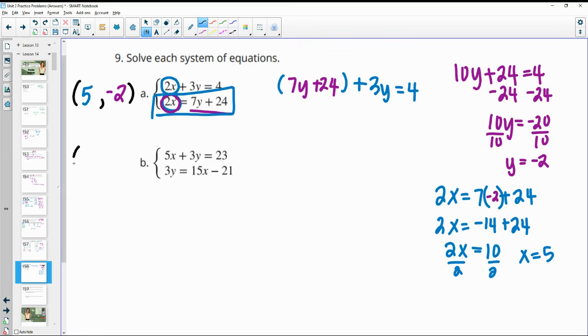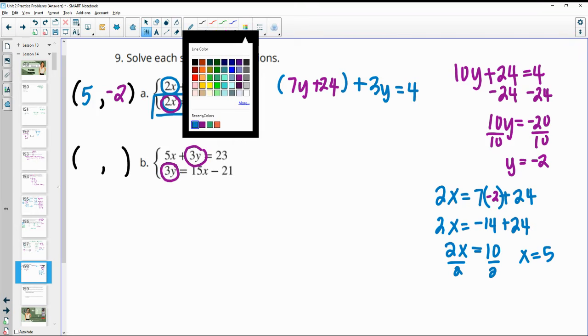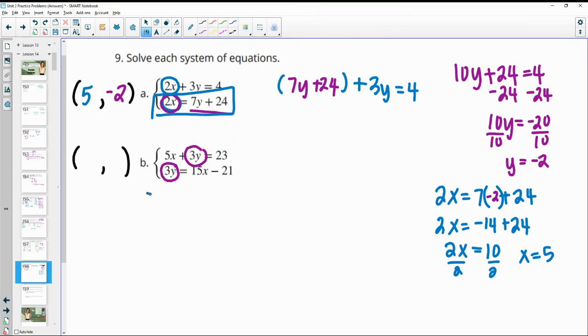Then for part B, same idea here. We see that we have 3y solved for here, and we also see a 3y in this top equation, so we'll be able to substitute it in. So we'll say 5x plus 3y equals 23, and we know that 3y is equal to 15x minus 21.